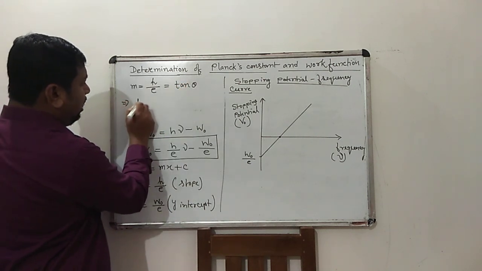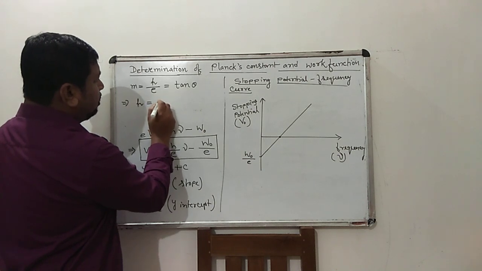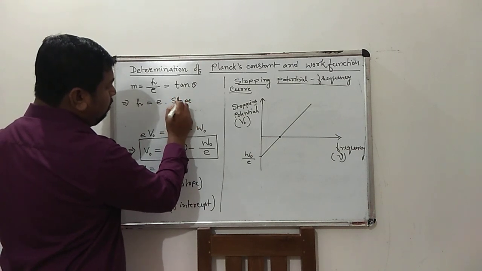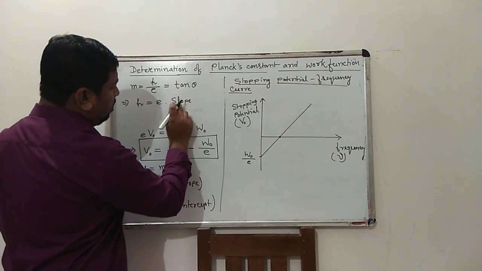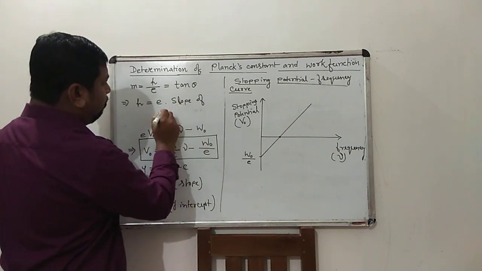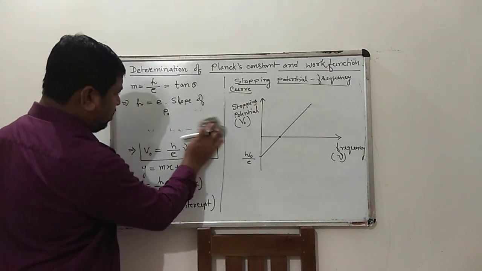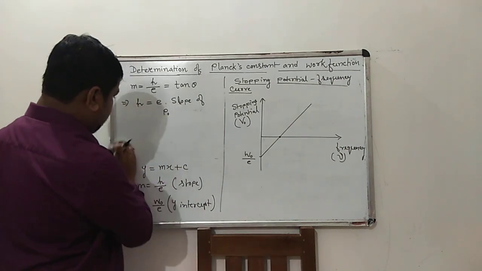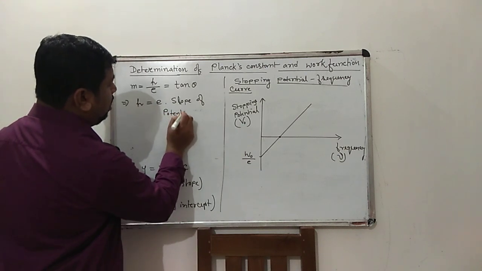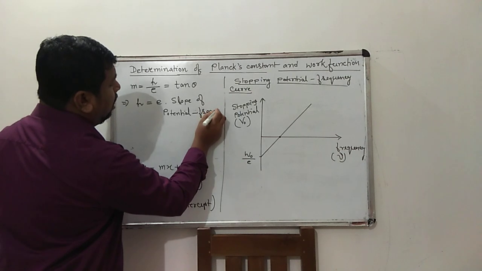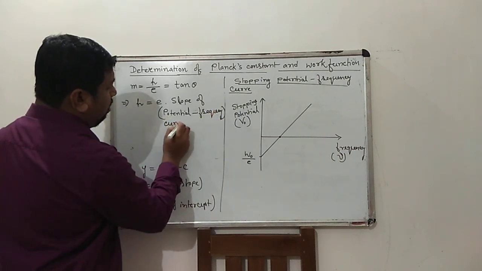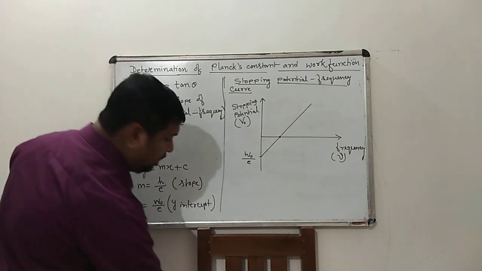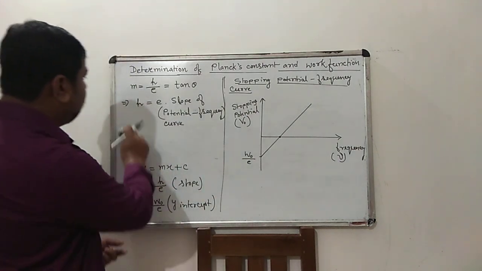That means h equal to e and the slope of the potential frequency curve. h equals e into the slope of the potential frequency curve, that is, the stopping potential and frequency curve. This is Planck's constant.